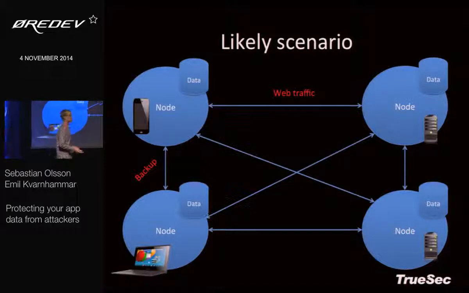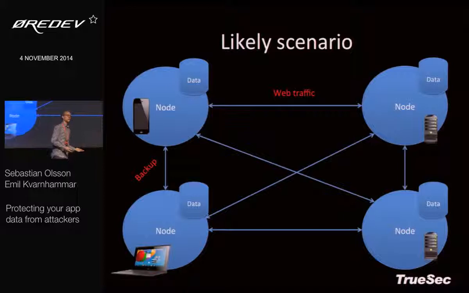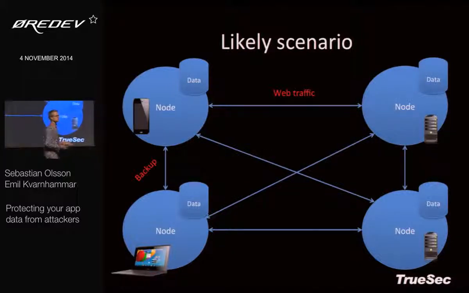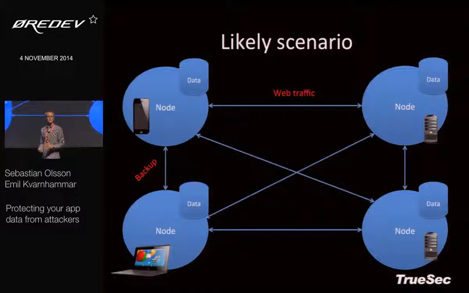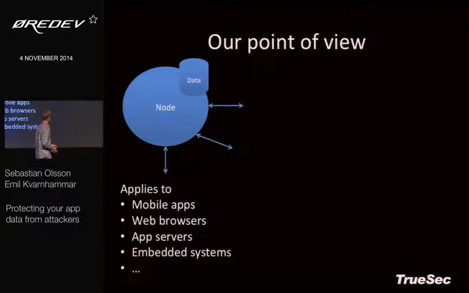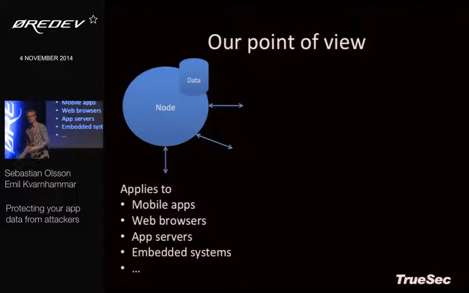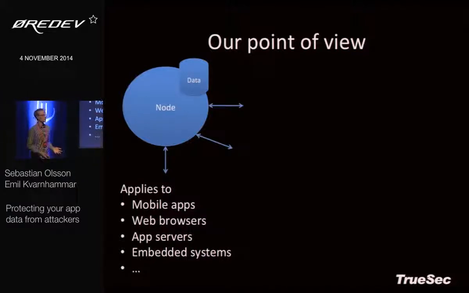So there's really no point in talking about clients and servers, because client and server is context dependent. At least we don't see clients and servers being different from a data security point of view. So that's why we call it nodes instead. And a node applies to basically anything.